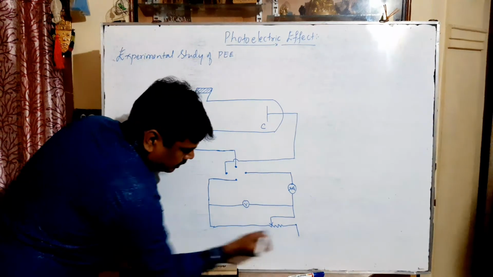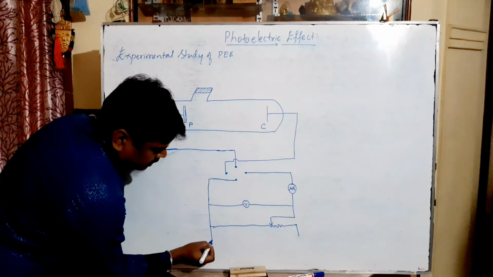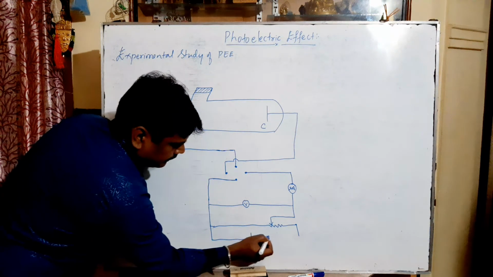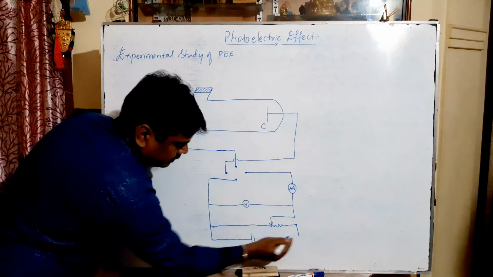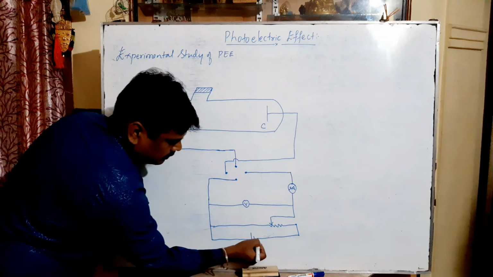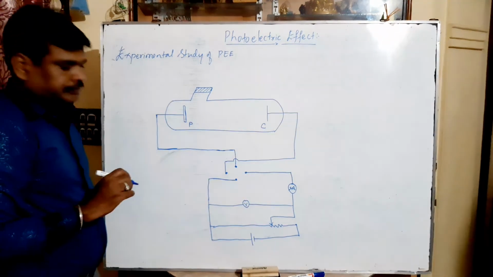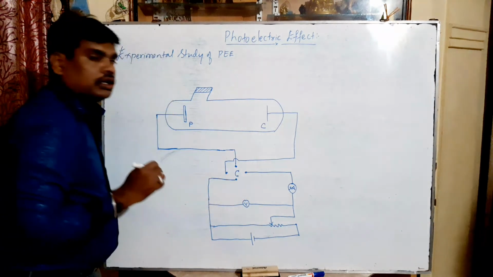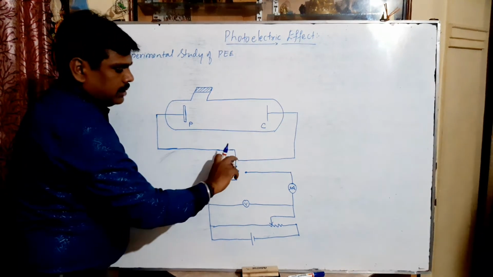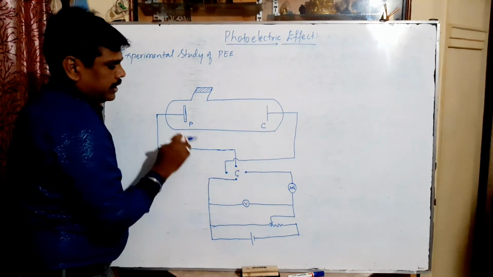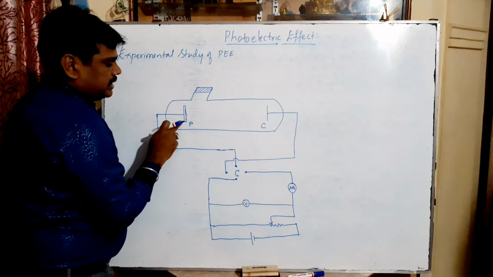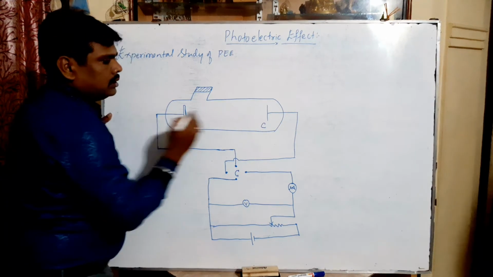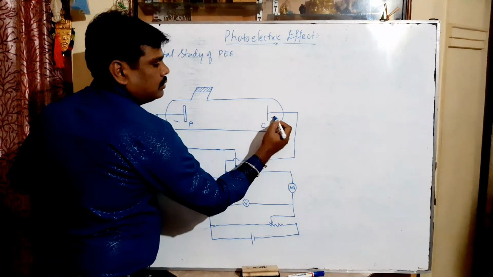Parallel to this, a potential source, a battery, is connected. Clear? This is called a commutator, which helps to change the polarity. Initially, this plate P is connected to negative potential and this plate C is connected to positive potential.